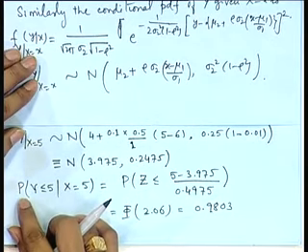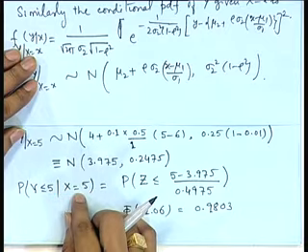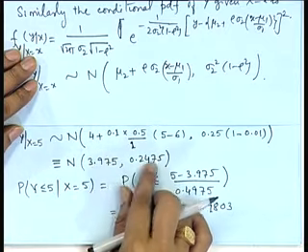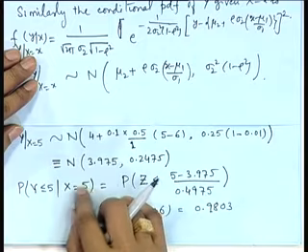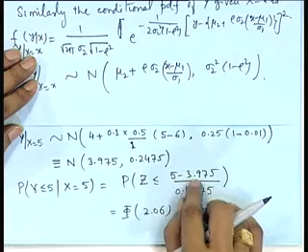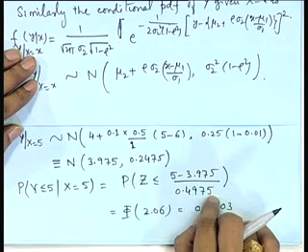So, the conditional probability of y less than or equal to 5 given x equal to 5 can be calculated from this distribution. So, we transform it to the standard normal distribution. So, it is z less than or equal to (5 minus 3.975) divided by square root of this, that is 0.2475.